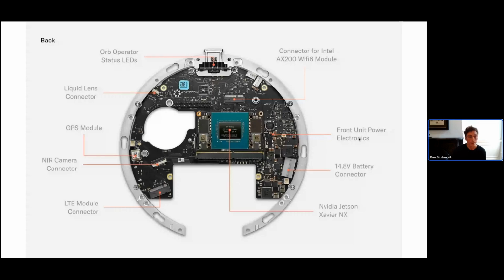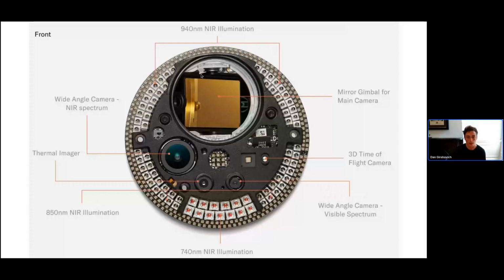And on the top of the Orb, we have additional LEDs for informing the user, like the operator of the Orb, what its status is. And for the users, there's an external front-facing ring of LEDs. And if you've signed up at an Orb, you see it do this animation to let you know what stage it's in and that the capture is successful.